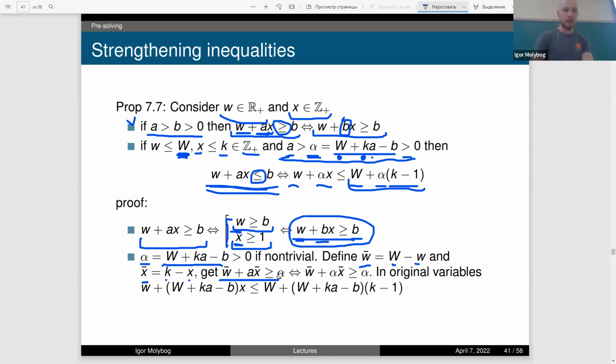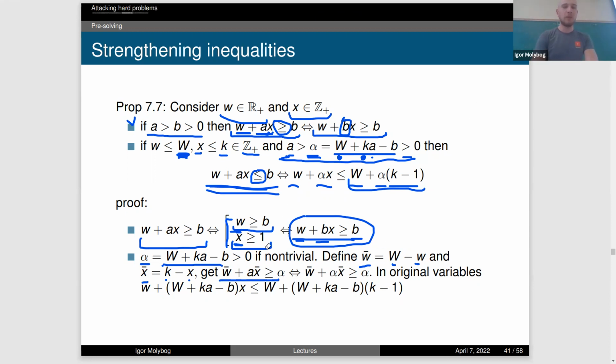So this thing is equivalent to saying that... okay, yeah. So basically, we are saying that... the first bullet. This is where we use the first bullet of this proposition.